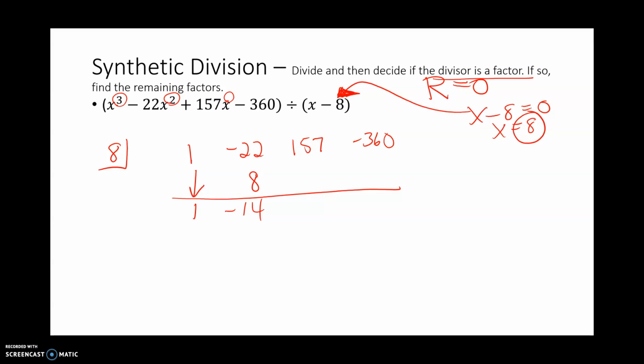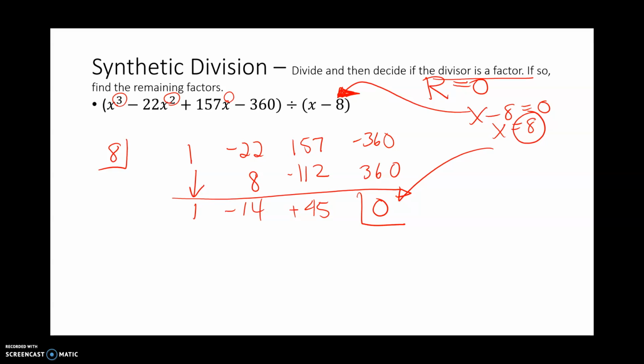Okay, so -14 times 8 is -112. So if we add, we're going to get -45. Nope, positive 45. 45 times 8 gives us a positive 360. And when I add, notice the last number is 0.